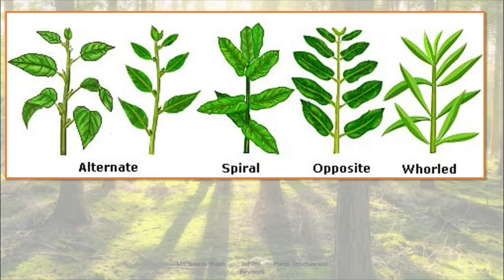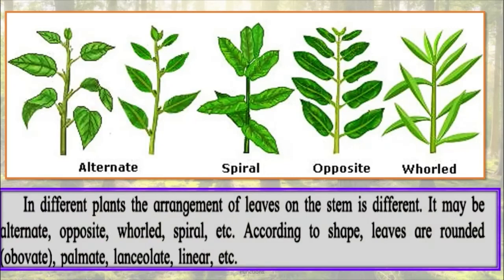And on some plants, you have one node with two leaves coming from it. This is called the arrangement of the leaf on the stem. It could be opposite, whorled, spiral, or alternate, depending from plant to plant. In different plants, the arrangement of leaf on the stem is different.